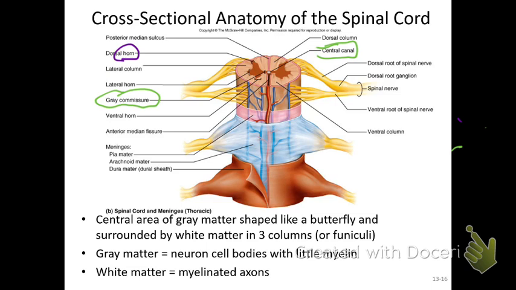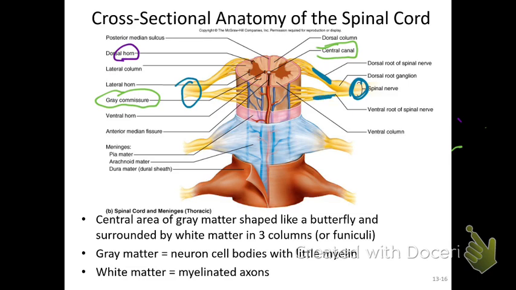On the sides, we see the spinal nerves. So a nerve, remember, is a bundle of axons, and here is the nerve. We see it kind of the clustering, the coming together of these two branches. This region is the dorsal root, and in the front we have the ventral root.